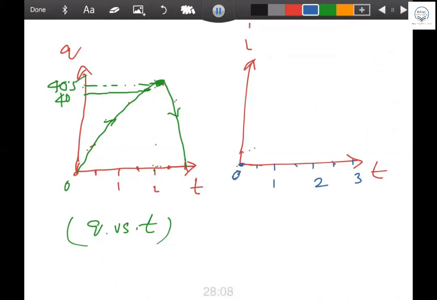It goes up first and then comes down, and comes back to this point, which is minus. Just assume that. Draw the points like that.